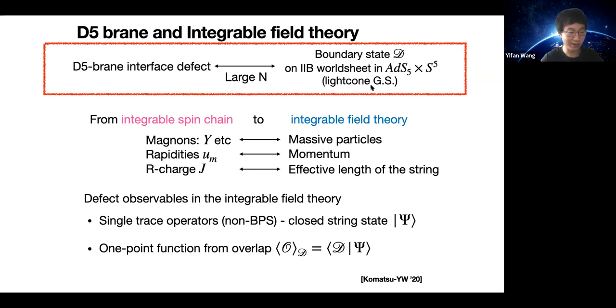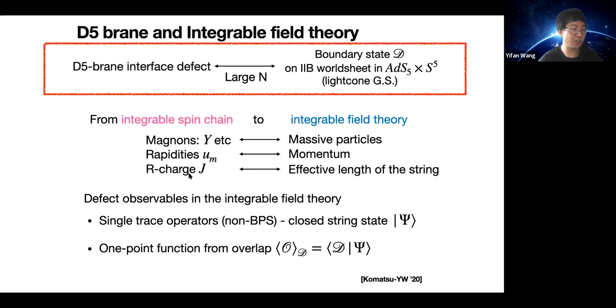And in this picture, all the things that people like about the integrable spin chain have a close cousin in the integrable field theory description on the worldsheet. For example, the magnons just correspond to massive particles on the string worldsheet, again in the Green-Schwarz light cone gauge. The rapidities, which keep track of the Y insertions in the spin chain language, correspond to the physical momentum of these massive particles.